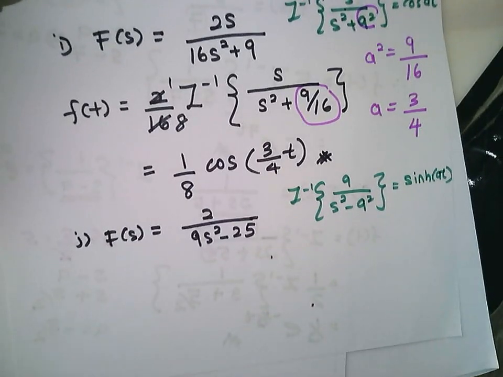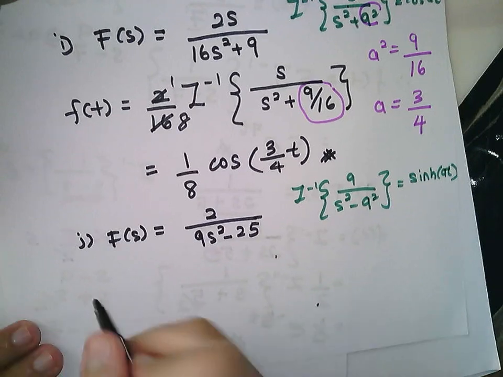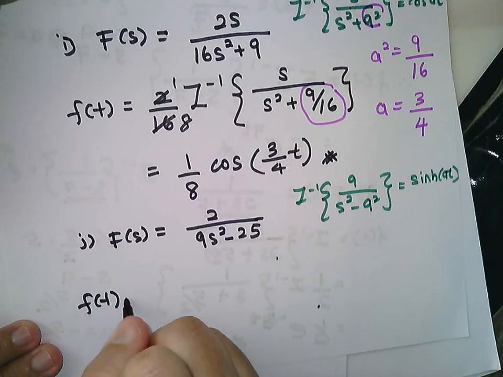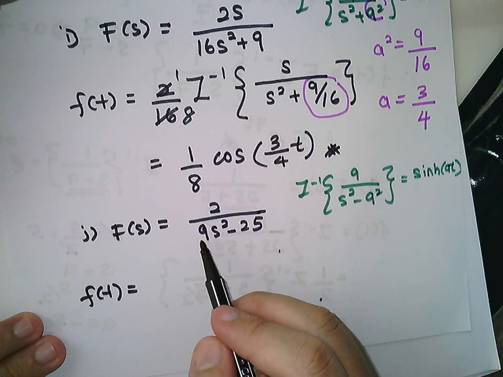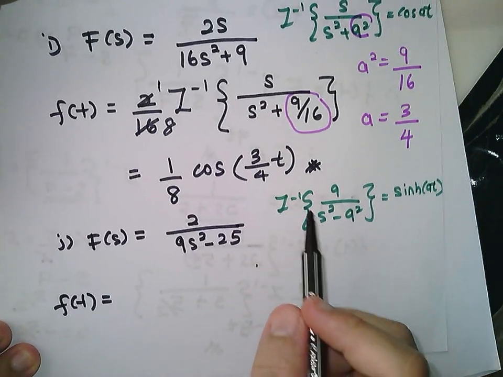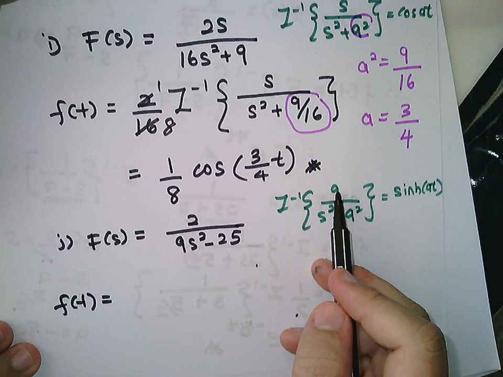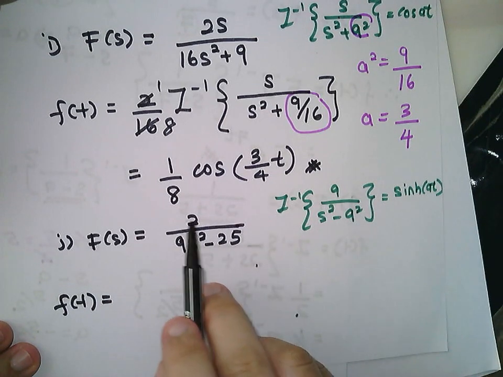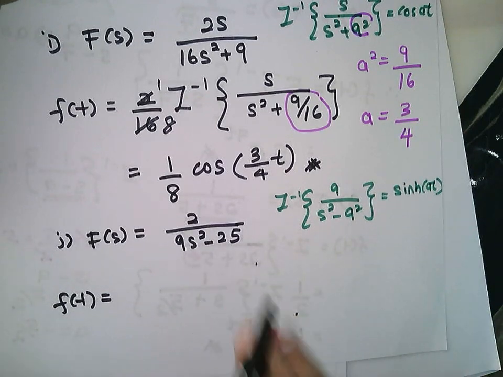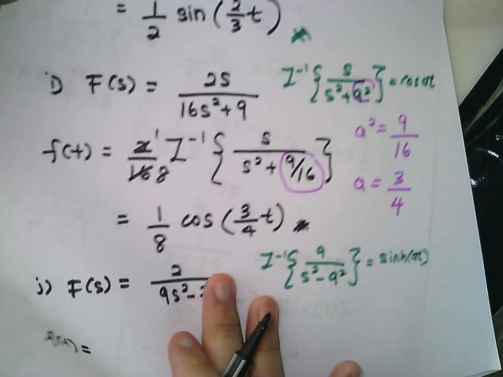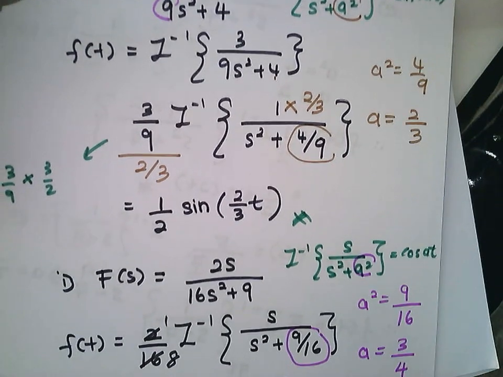Therefore your f(t) is equal to, so factorize a constant here, 2 over 9. Although here a is a constant, you just factorize if you have other values than 1, because it will be easier for you to multiply and to divide.